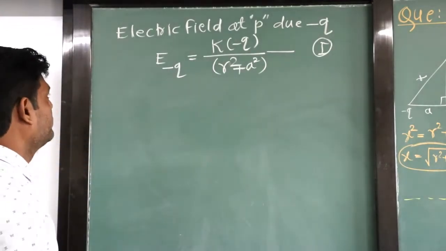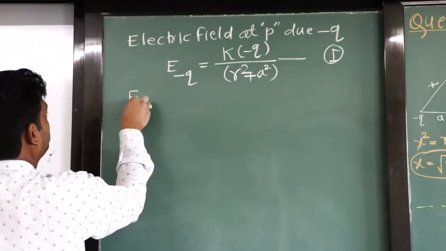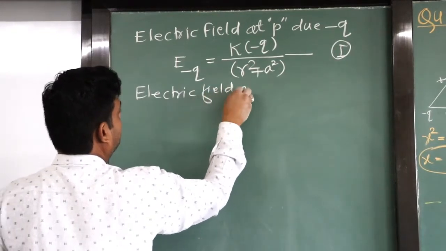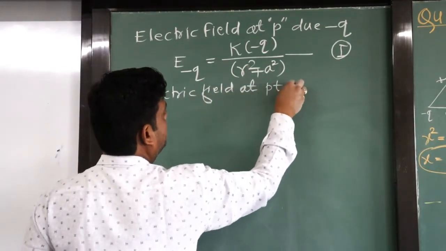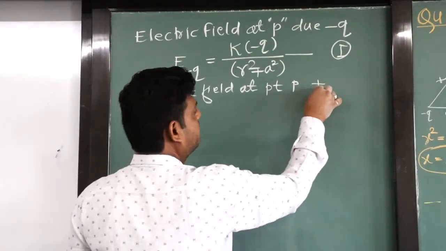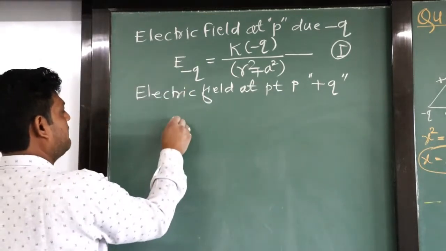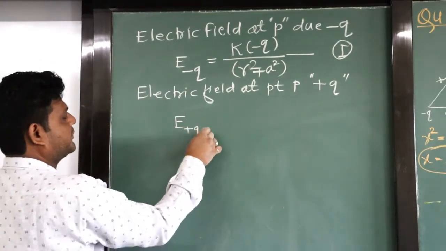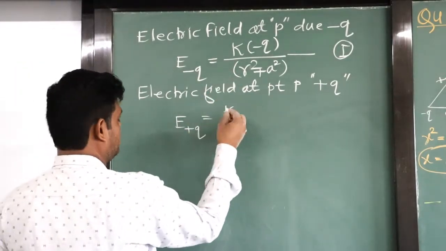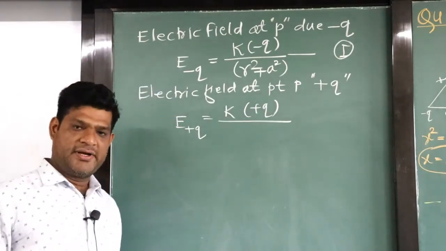Correct? Now, similarly, the electric field at point P due to the plus q charge. See, this is the plus q charge. That will be denoted by E plus q, right? And the formula is the same, that is kq divided by distance square.